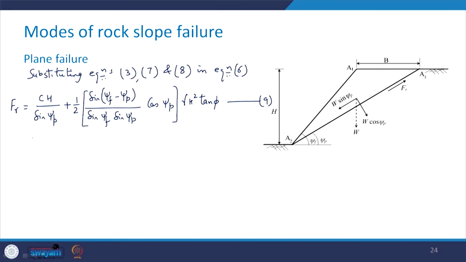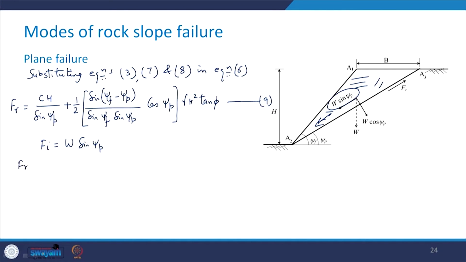Now, from the figure you can see that this Fi is equal to W sine of psi p, because Fi is the force which is tending to induce the sliding in this block, and this component of W will cause the sliding of this block like this. So, Fi is W sine of psi p.